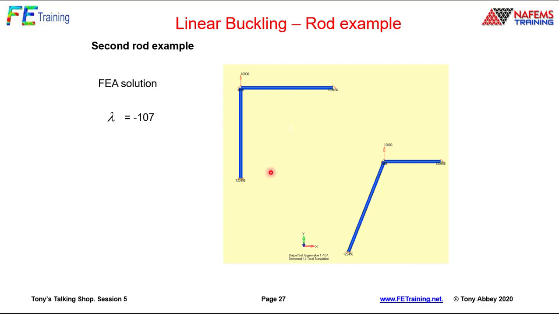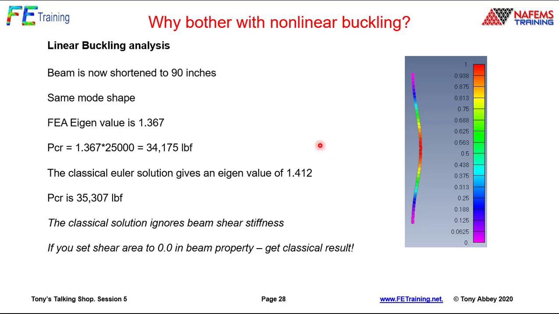If I run a linear buckling analysis, lo and behold, I get exactly the same number coming out, which is no surprise. So that's what the linear buckling analysis was doing for us. That's why it's different from nonlinear buckling analysis. Lots of assumptions in there, no iterations, no chasing nonlinearity, not even chasing geometric nonlinearity.